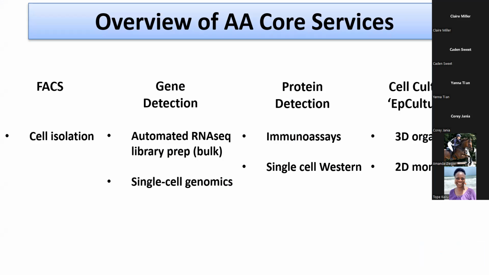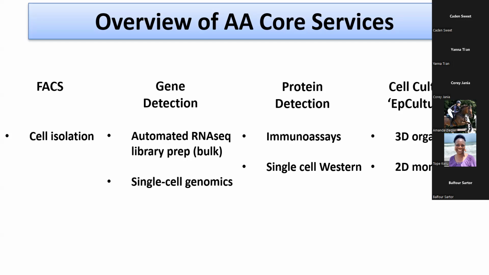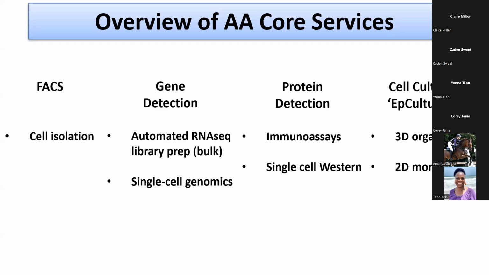We also have a very cool technology to do single cell Western blots. That goes hand in hand with single cell genomics: once you detect a gene in a single cell, how do you know the protein is expressed at that same level? So we have the ability to do single cell Western blots.